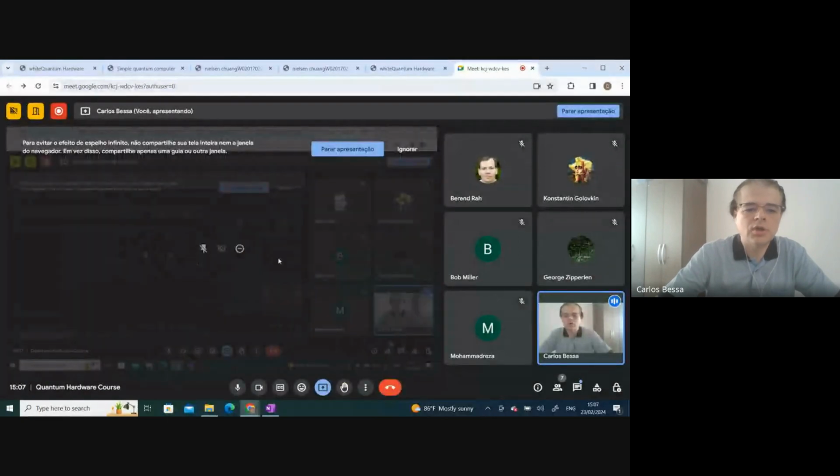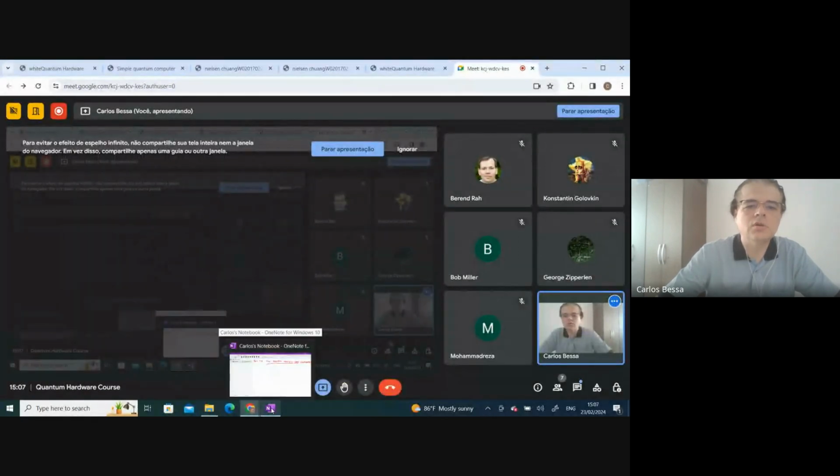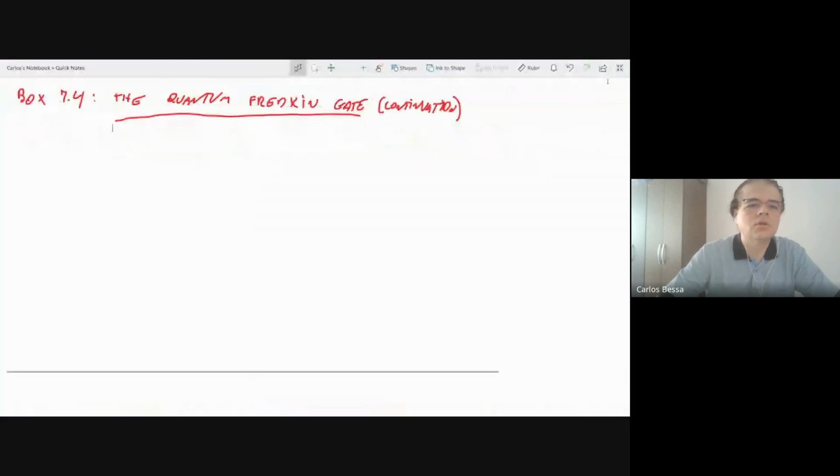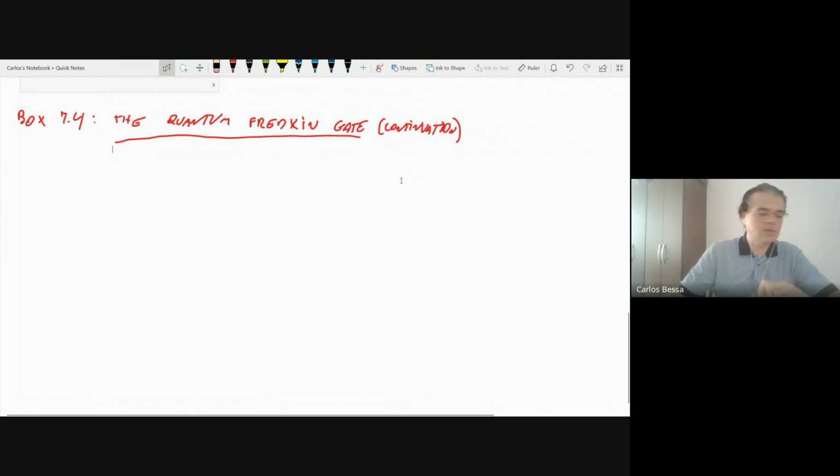Okay, so I will start with the whiteboard, a continuation from the last part. Just to remember, we are in box 7.4, the quantum Fredkin gate.